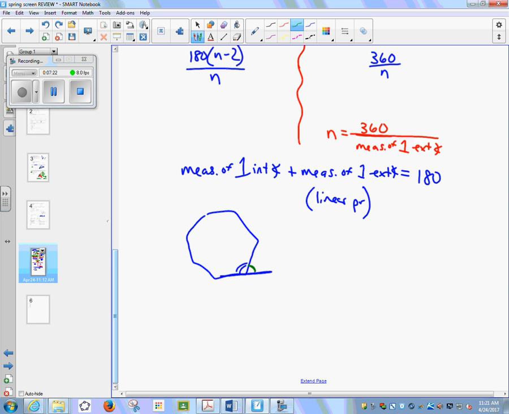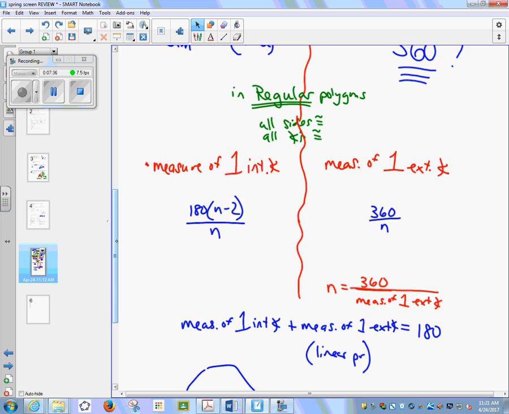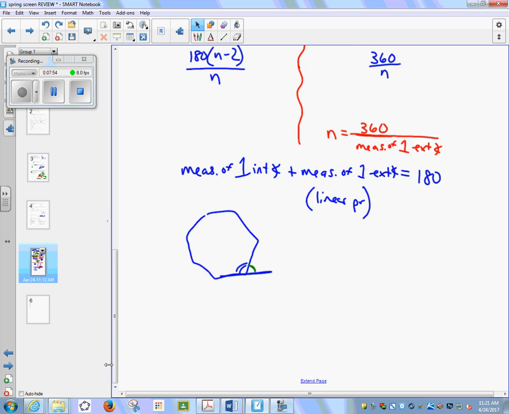Sometimes we can use exterior angles and it's a little easier because one interior plus one exterior equals 180 because they're a linear pair. All right, so that's the other thing I want to mention. And then the last section is on finding the area of regular polygons.